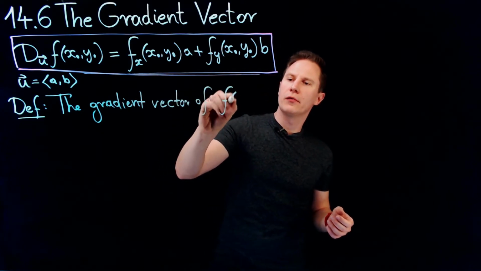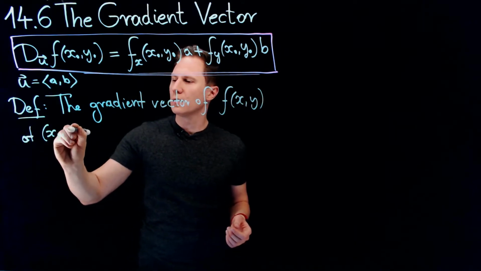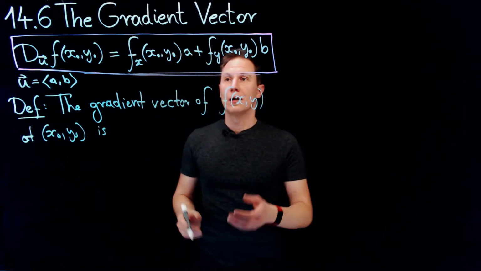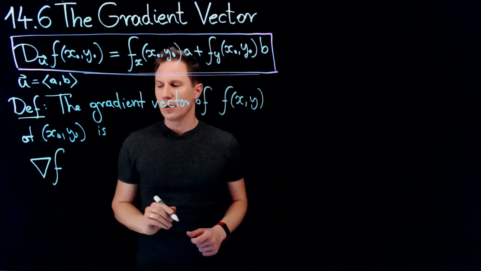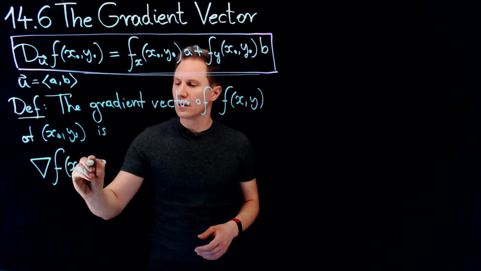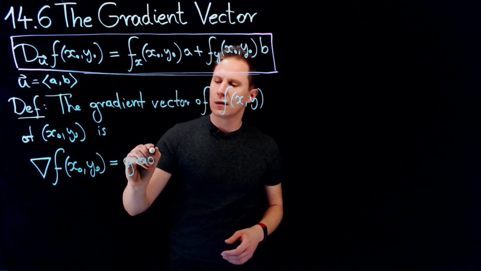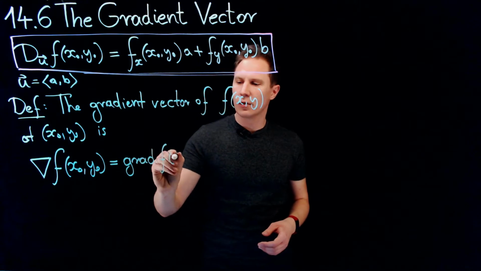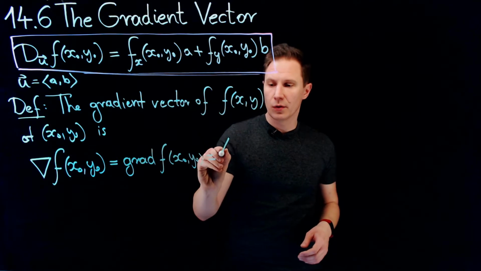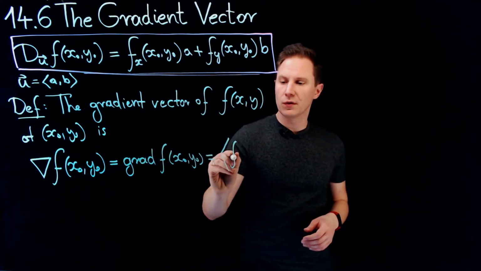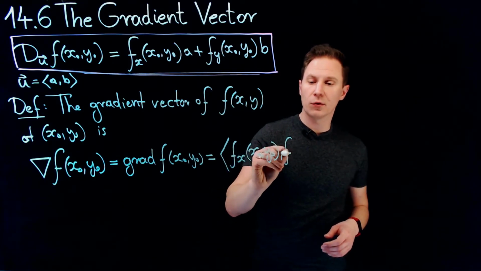of f of x, y at the point x0, y0 is the vector which is denoted by this upside down triangle of f at x0, y0. Sometimes it's denoted by grad f of x0, y0, but it is just a vector with two components, the two partial derivatives of f evaluated at x0, y0.